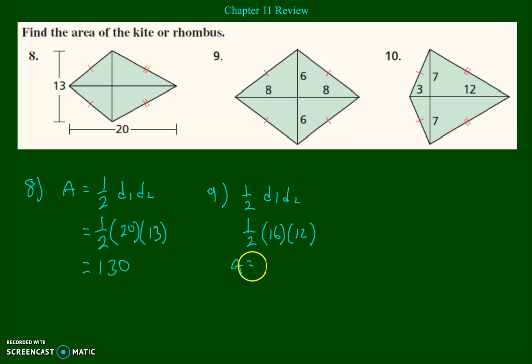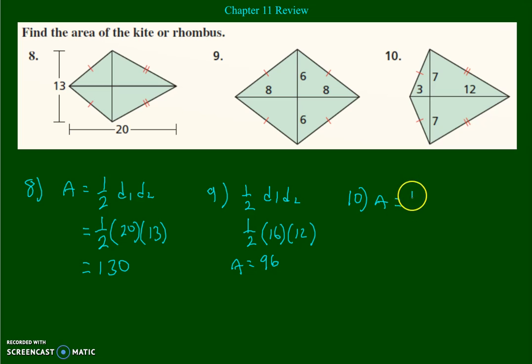So the area equals 96. Now let's move on to 10. For problem 10, again we're back to kite, and it's 1/2 d1 d2.